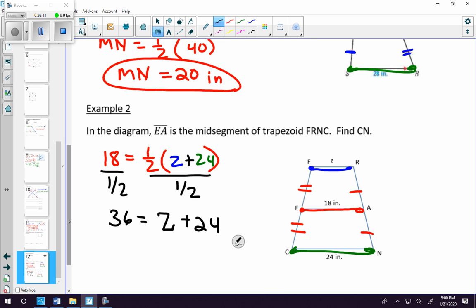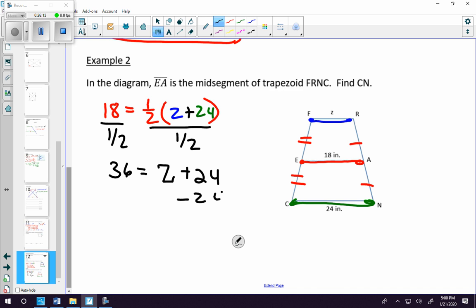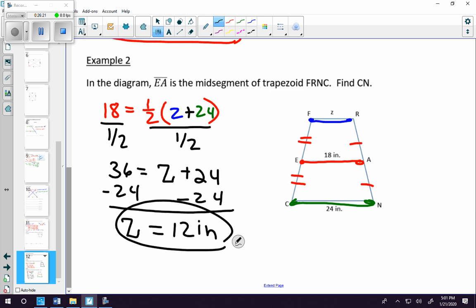Now solving that equation, subtracting 24 from both sides, you get z is equal to 12 inches. So the length of segment FR is 12 inches, utilizing the mid-segment equation from a different perspective.